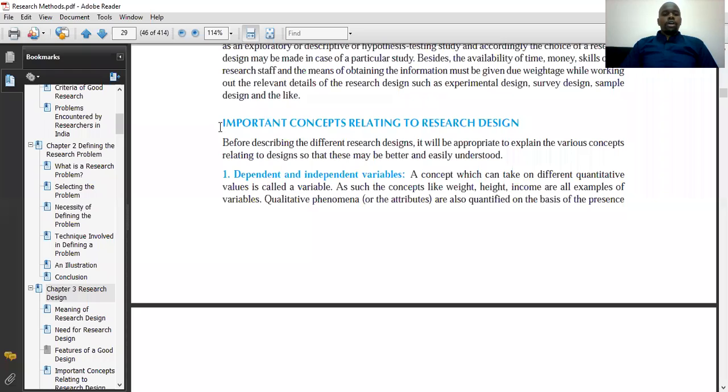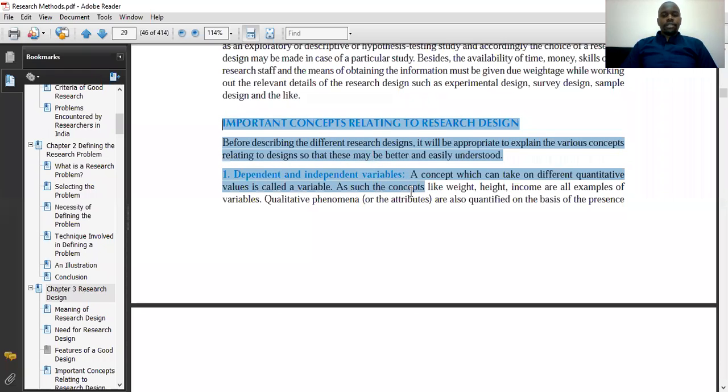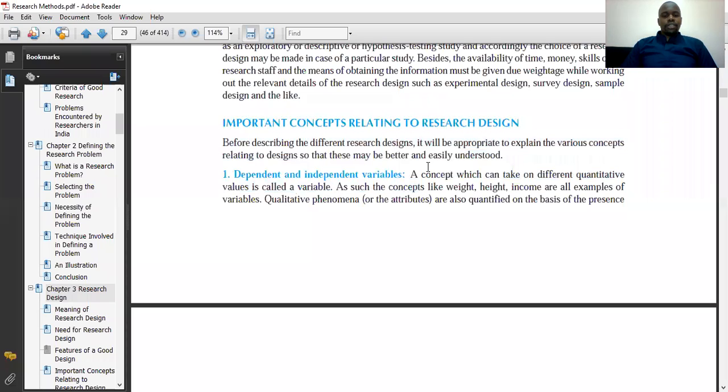Now let us discuss some very important concepts related to research design. There are some important concepts related to research design and also research itself in general.